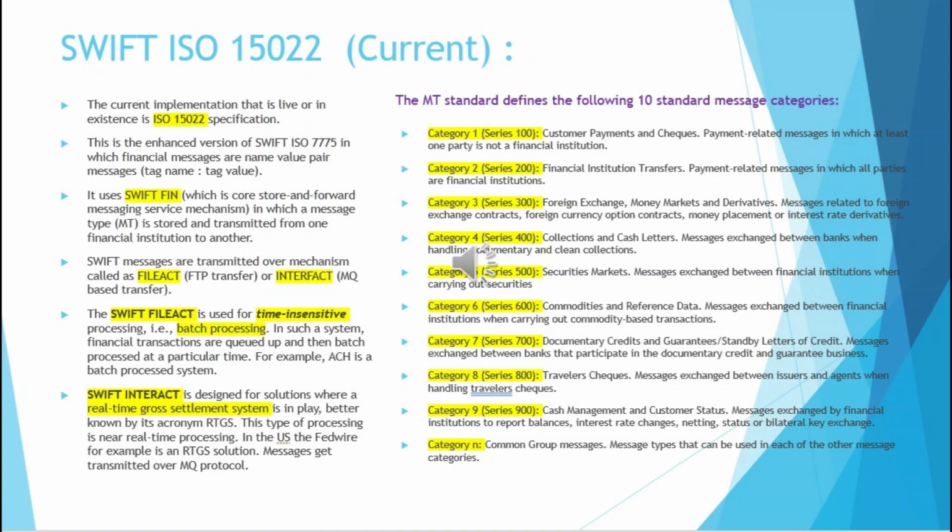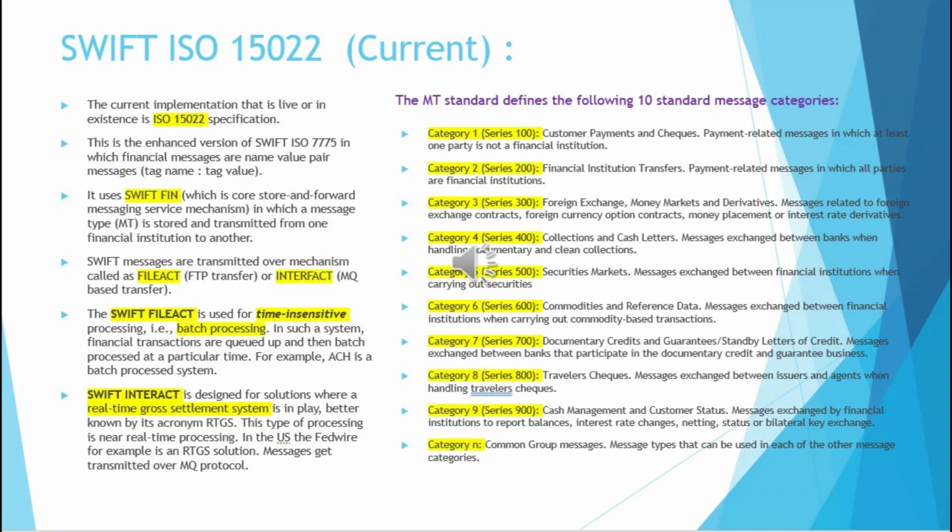FileAct protocol is used for time sensitive processing, for example, batch processing, in which financial transactions are queued up and then batch processed at a particular time. Say, for example, ACH is an example of a batch process system in which it could be scheduled to run at a particular time.